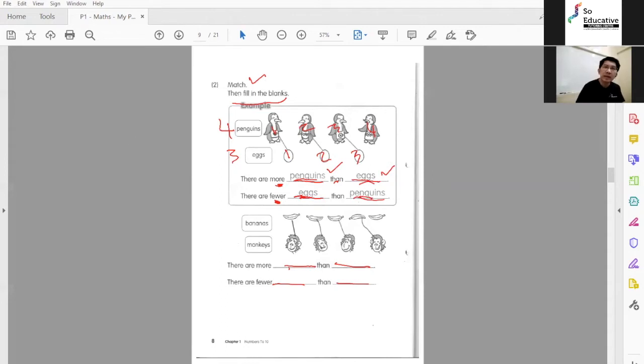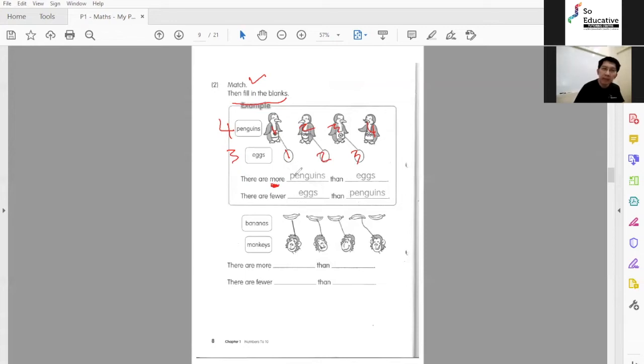All right, now let's go back again. I'm going to explain one more time. They're asking there are more what? So when you see the word more, you put the item with the biggest number.